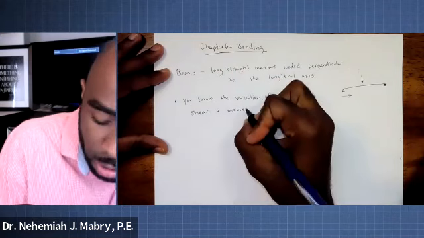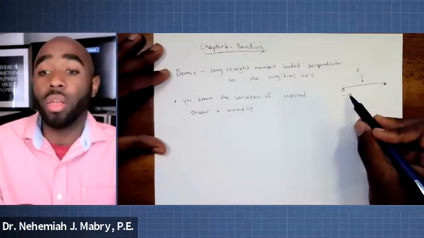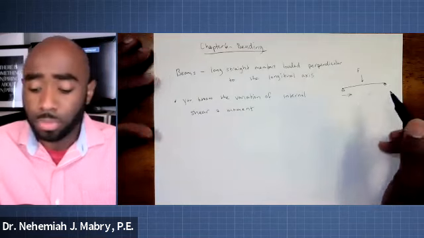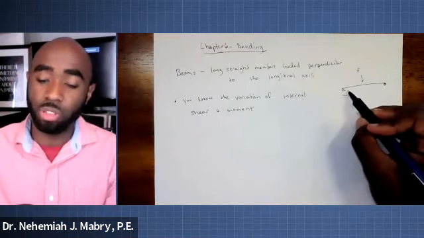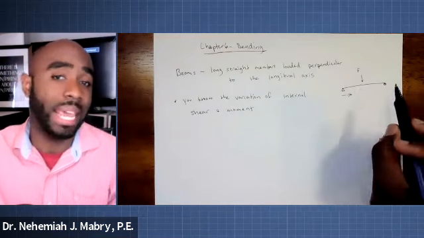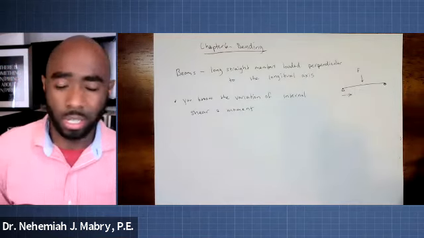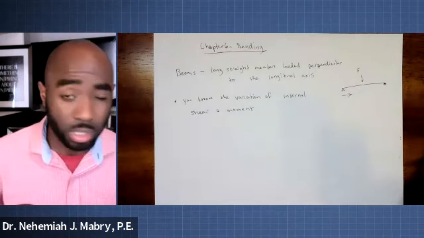So we're talking about as you move along the length of a beam, we must be aware of how the shear is being experienced internally along the length and how the moment is being experienced along the length. That's what we must know.